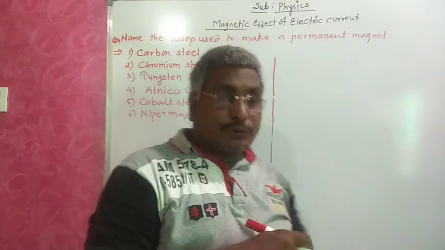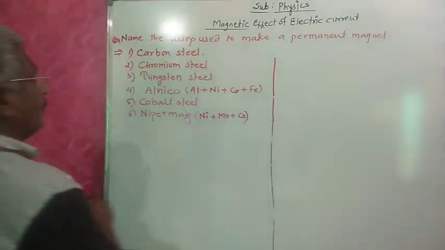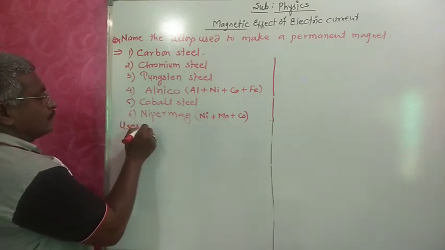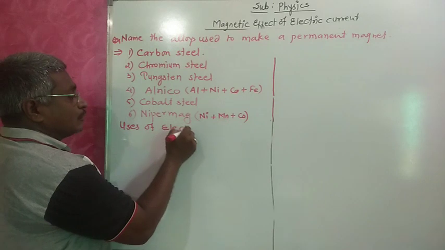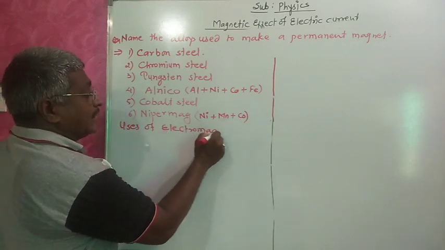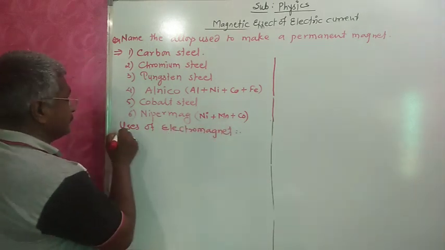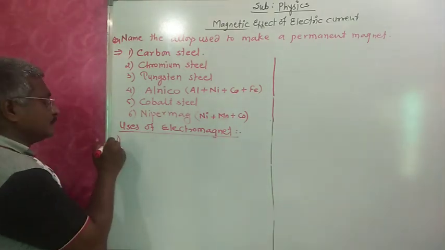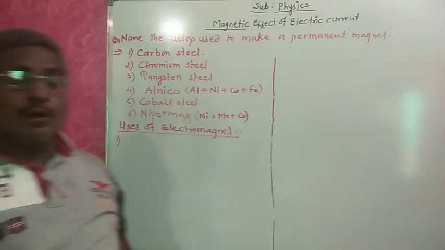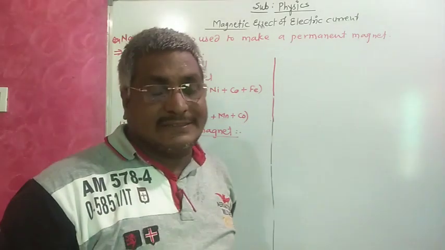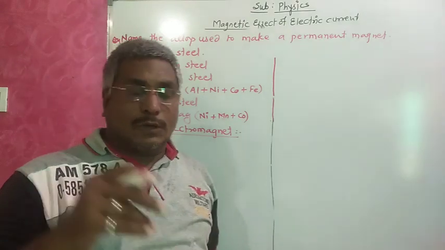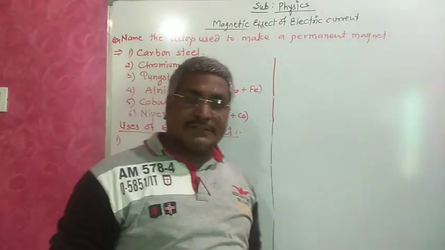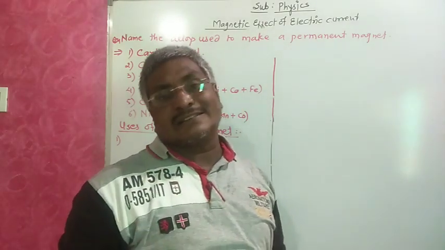Now uses of electromagnet. Where are we using the electromagnet? So first use: in our home, electric bell is there, sound box is there, loudspeaker is there, radio sets are there, transistor sets are there.